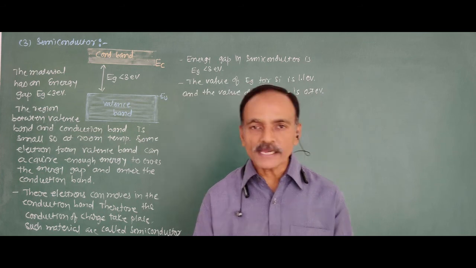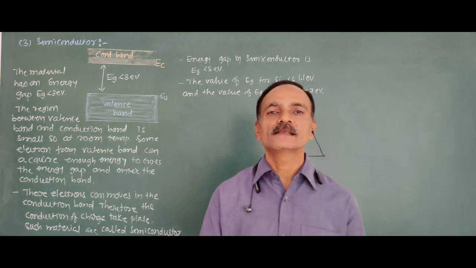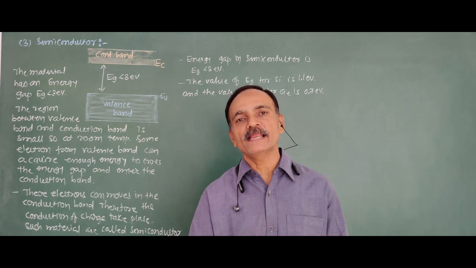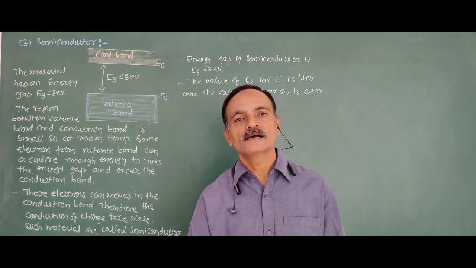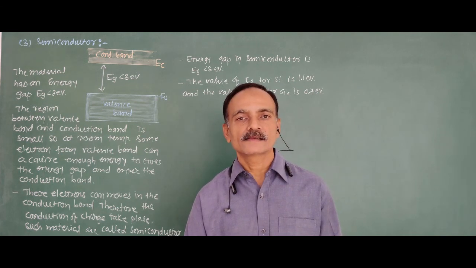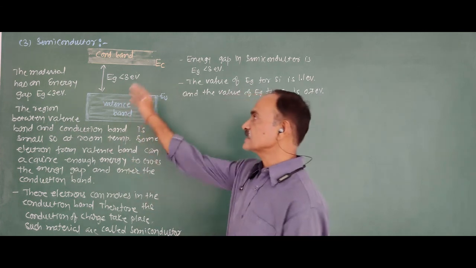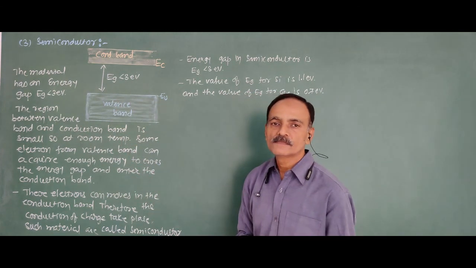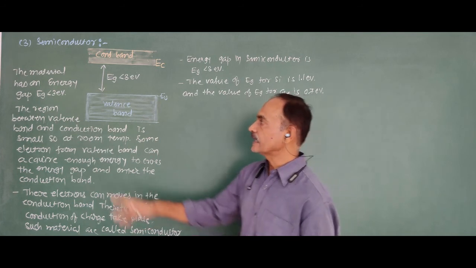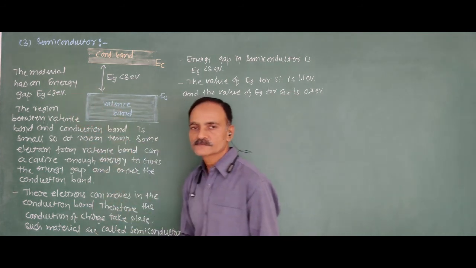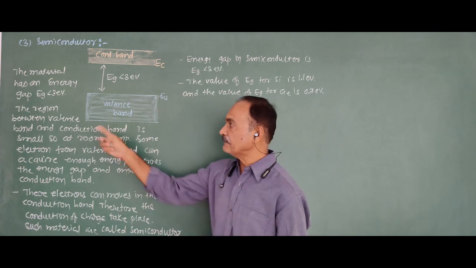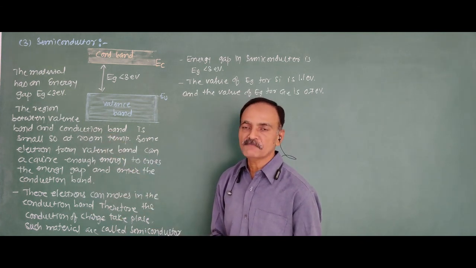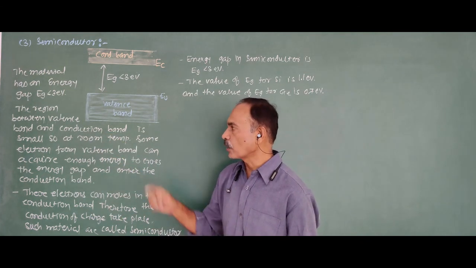Therefore, no electron can cross the forbidden gap and enter the conduction band. Right? Okay. For a semiconductor, the material has an energy gap less than 3 electron volts. The region between the valence band and conduction band is small.